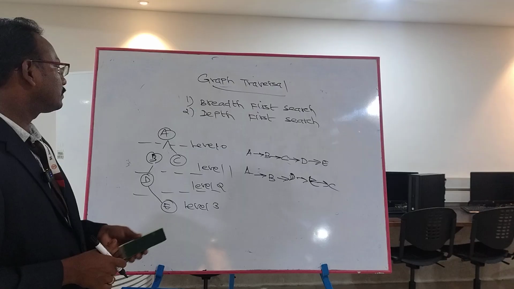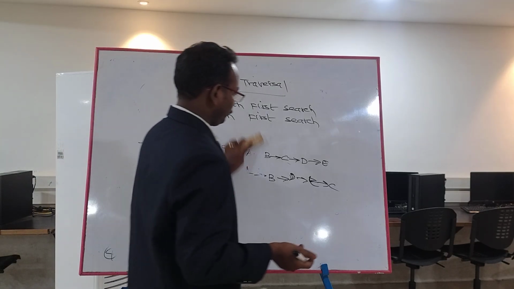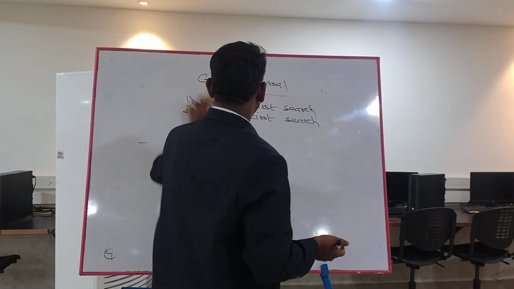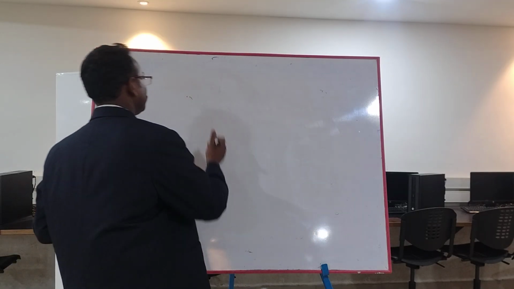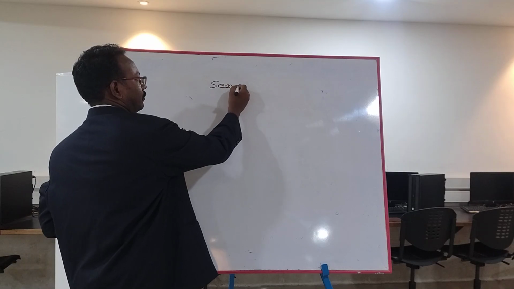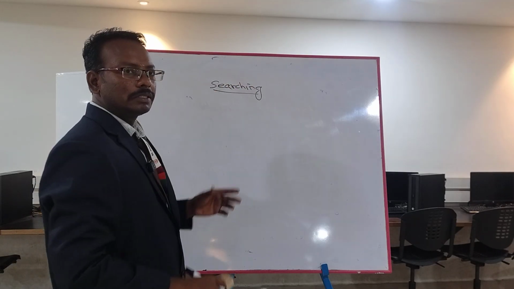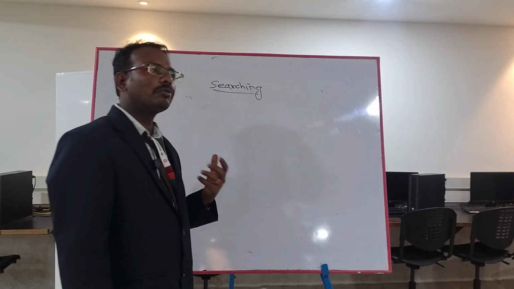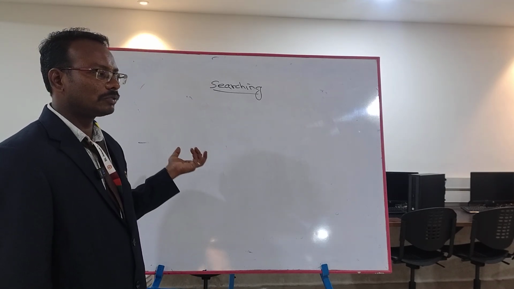Okay, and next we are going to see about searching and sorting. Searching is one of the important methods to find data in a database and to find data in memory. For that, we use the searching concept.